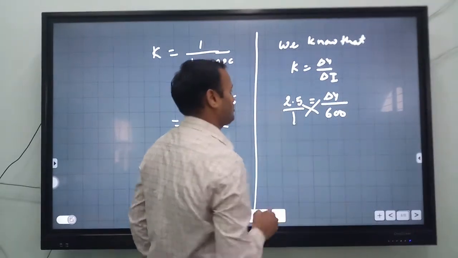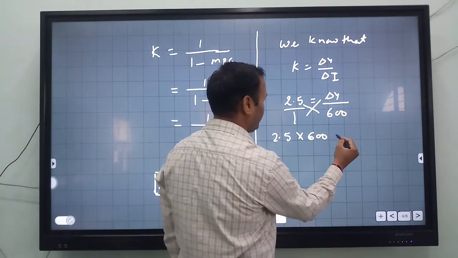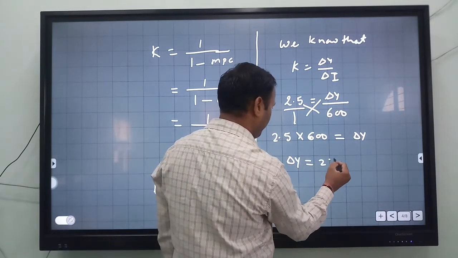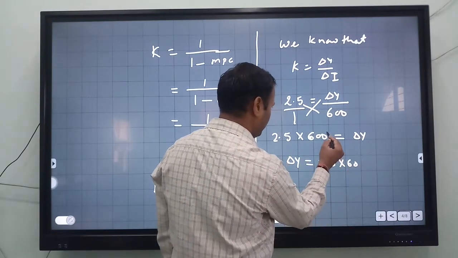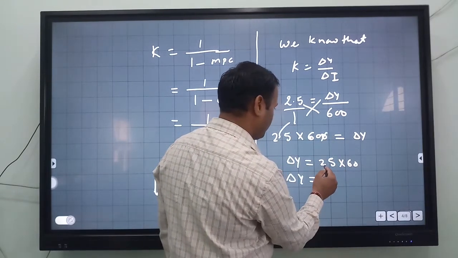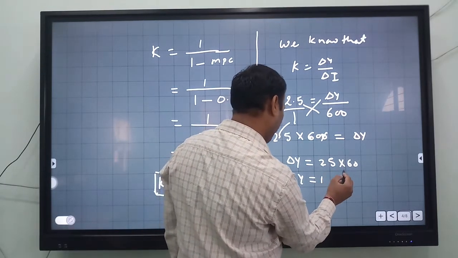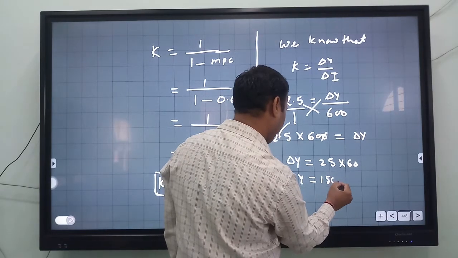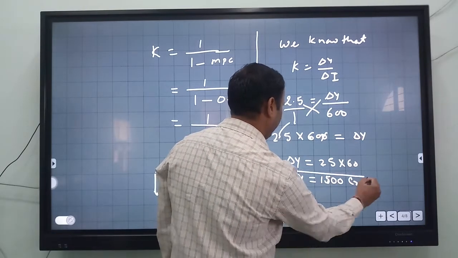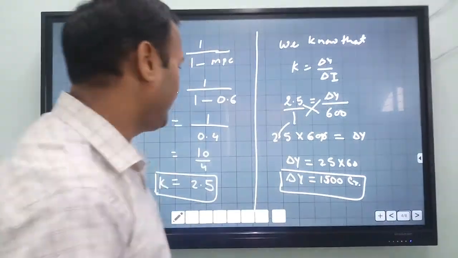Now just do the cross multiply. So 2.5 into 600 is equal to delta Y. So delta Y is equal to 25 into 60, and this 0 will cancel. So delta Y is equal to 1500. So we calculated delta Y is equal to 1500.